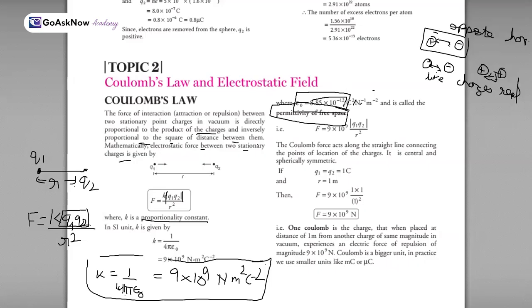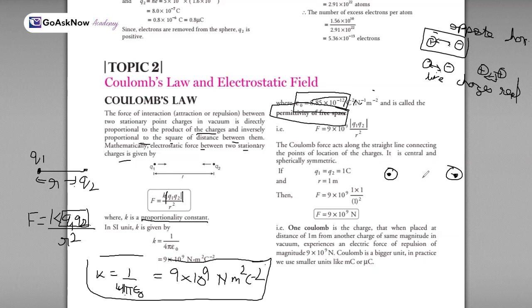Coulomb force acts along the straight line connecting the locations of the charges, and it is central and spherically symmetric also. If you have two point charges, the Coulomb force will act along the line joining the centers of these charges.